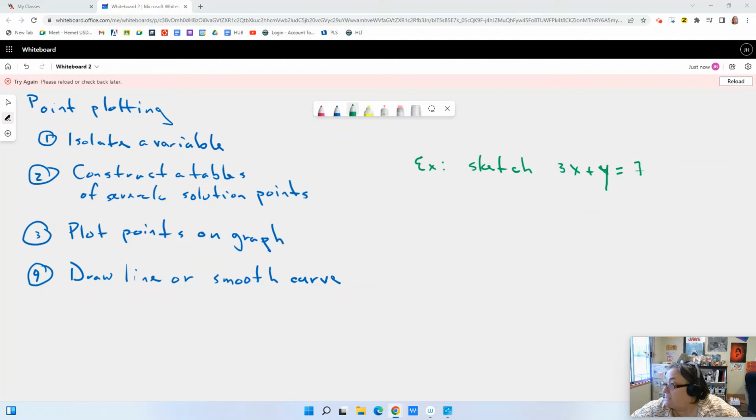I would isolate one of my variables. The easiest variable to isolate right now is y, because the y doesn't have anything being multiplied to it. So I would isolate that variable by subtracting 3x from both sides, and I would get y equals negative 3x plus 7.